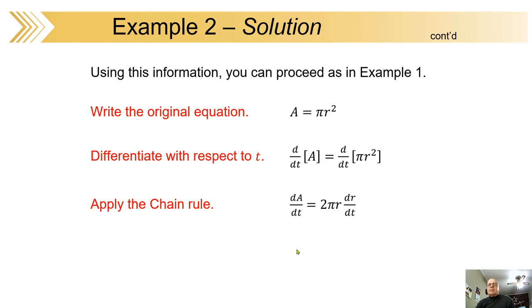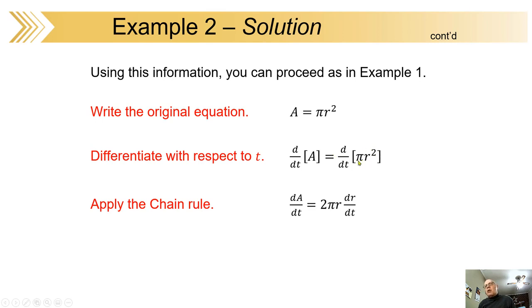dA/dt, that's the area changing over time. 2 pi r squared. Remember, the 2 is a constant, and the pi is a constant too. The Greek letter pi looks a little bit like a variable, but remember, it's a constant for circles. So when you bring this 2 out front, you also bring the pi out front.